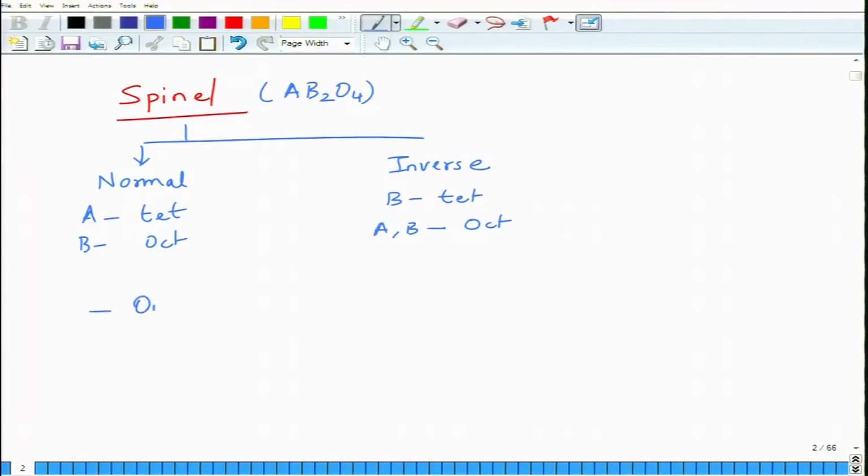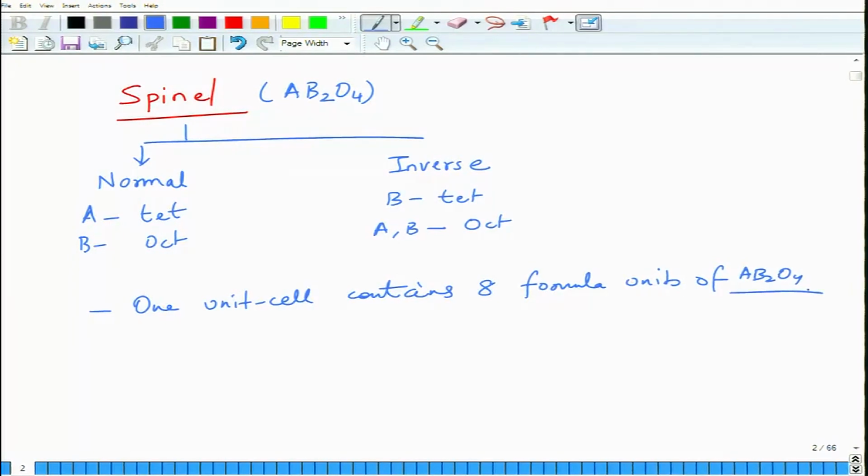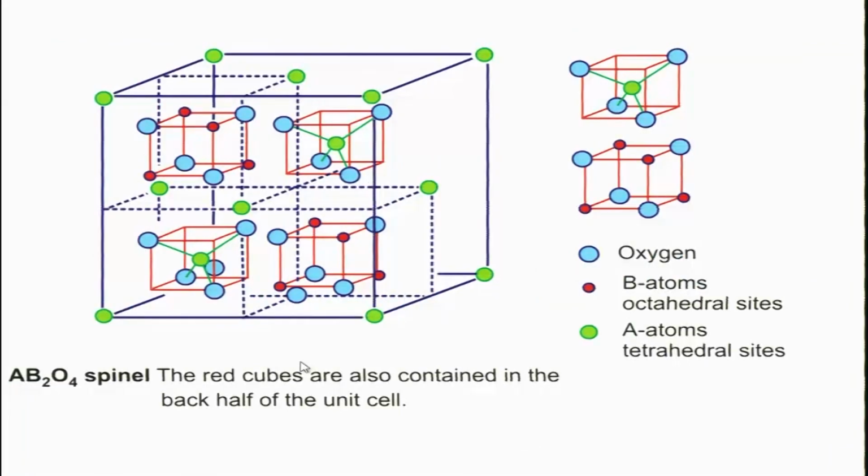So, one unit cell contains 8 formula units of basically AB2O4. It is a bigger unit cell, and we will see how the structure looks on a different slide. This is how the structure looks in case of AB2O4.